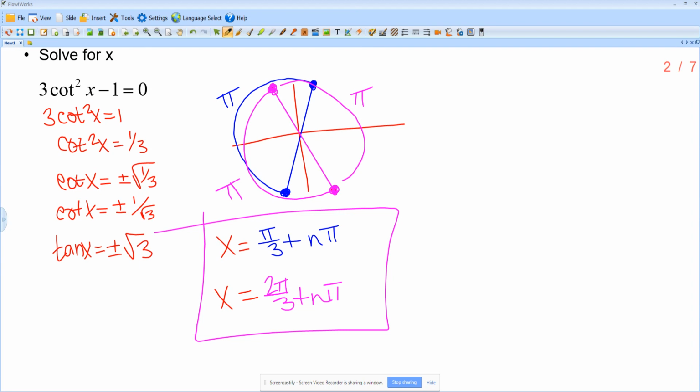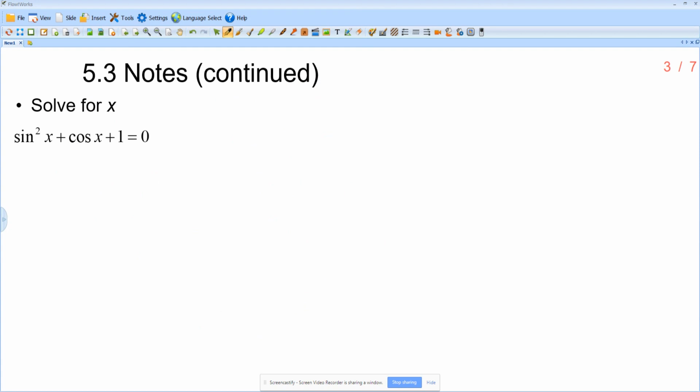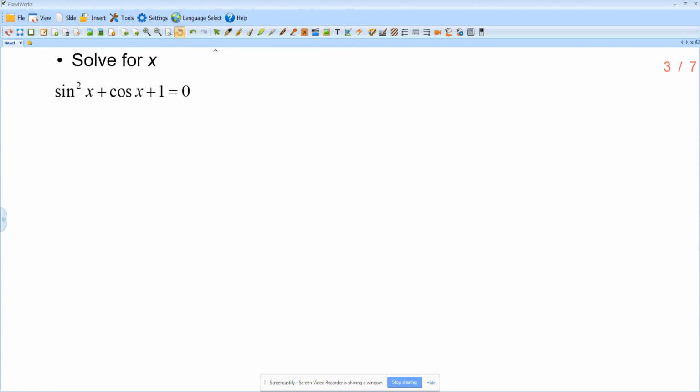All right, so let's go do some more examples of this. If I have sine squared x plus cosine x plus 1, now we have a little bit trickier solving. The problem here is I have two different trig functions. But in 5.1, 5.2, I learned a way of rewriting sine as a function of cosine.